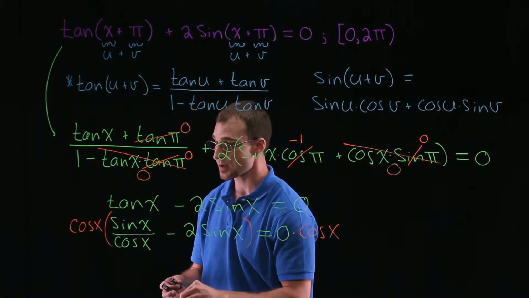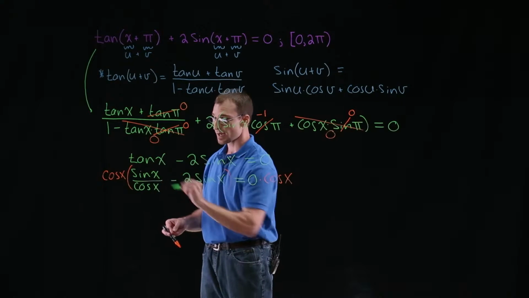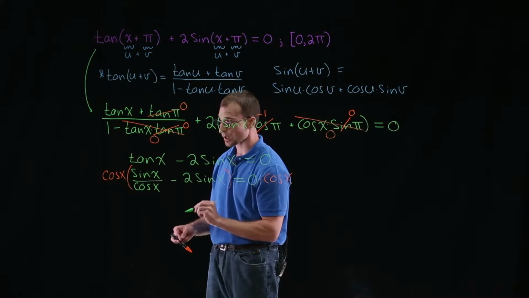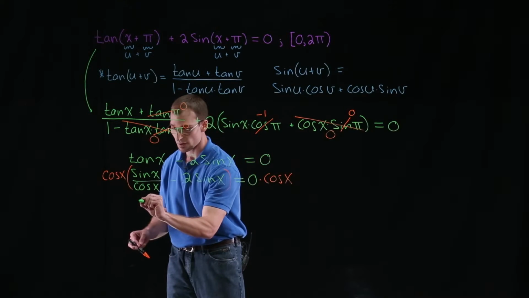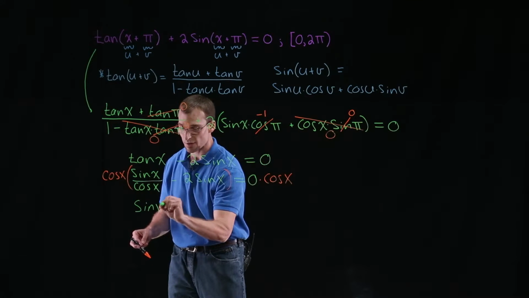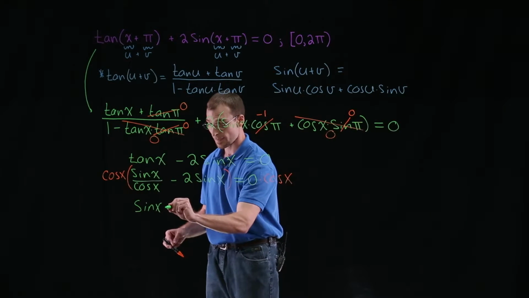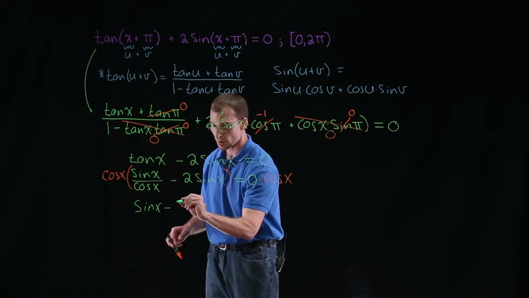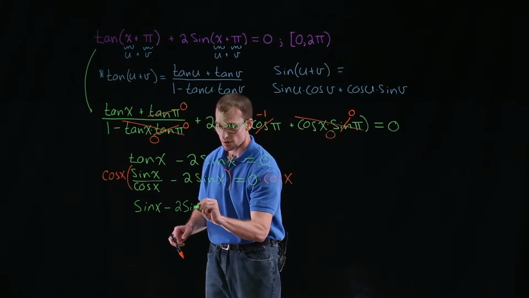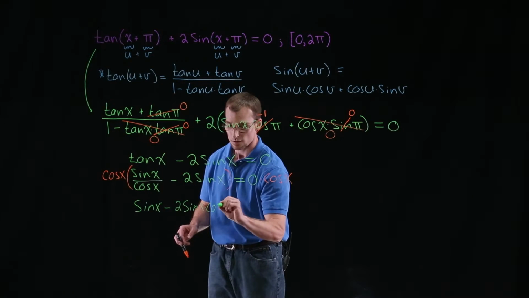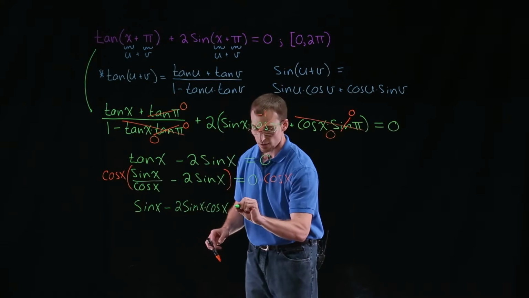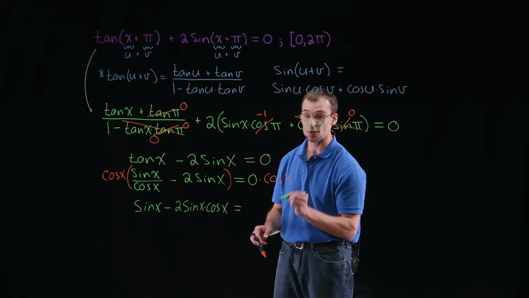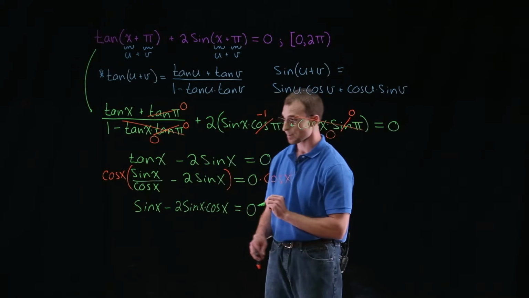When we distribute the cosine with our sine over cosine, the two cosines will cancel, leaving us with just sine of x. And distributing cosine times negative 2 sine x gives us minus 2 sine x times cosine x, and that is equal to 0 times cosine, which is still just 0.